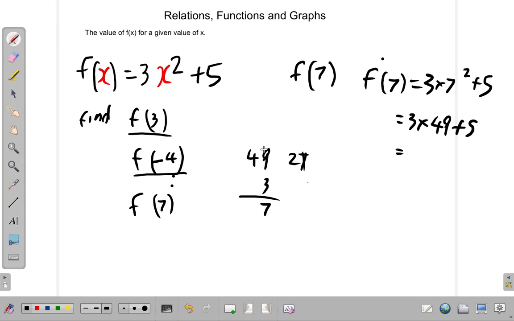Down to 7. 3 times 4 is 12, 13, 14. 147. 147 plus 5 is going to be 152. Alright? So that's one example of how to find the value of f of x for a given value of x.